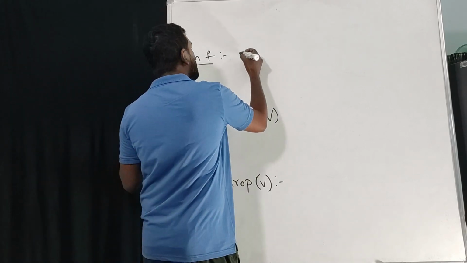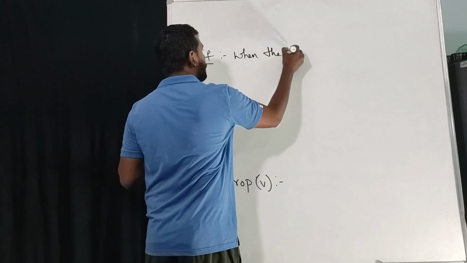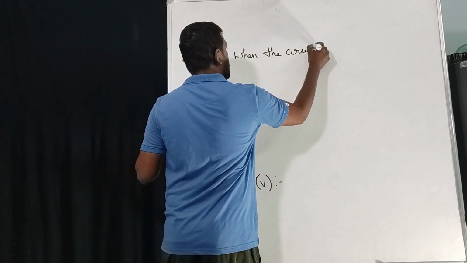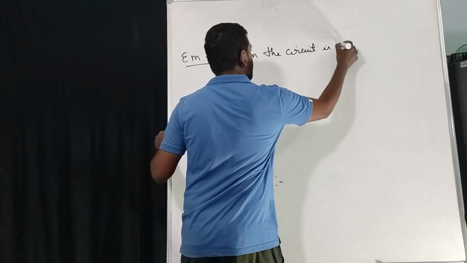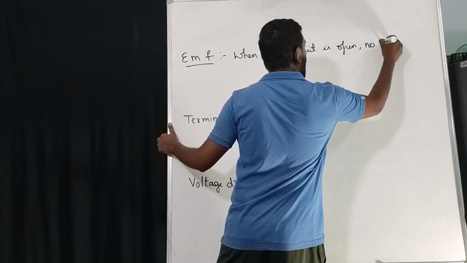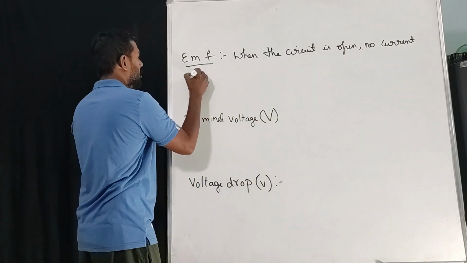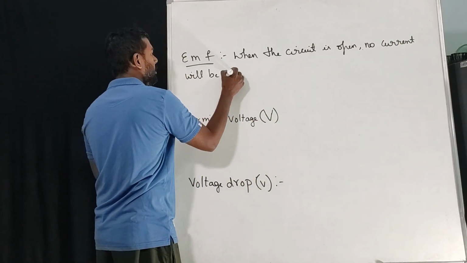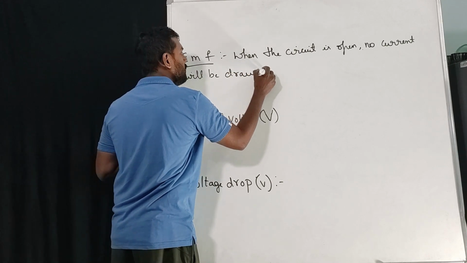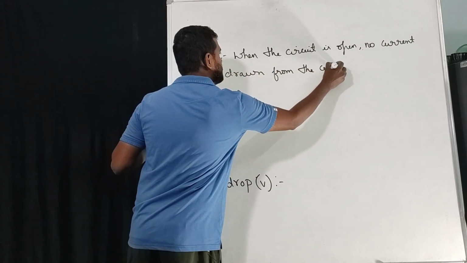When the circuit is open, no current will be drawn from the cell.